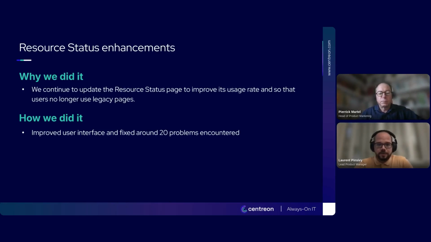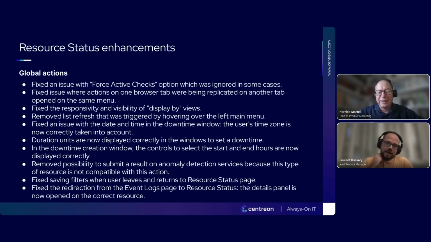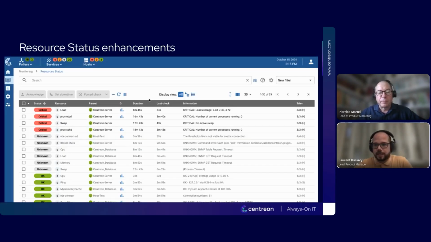For this version, we fixed the user interface and around 20 issues. I will not go item by item because it's a lot of items, but we fixed issues in global actions. We also fixed issues in the detail panel and the global search. I will show you a small video of some improvements we made.